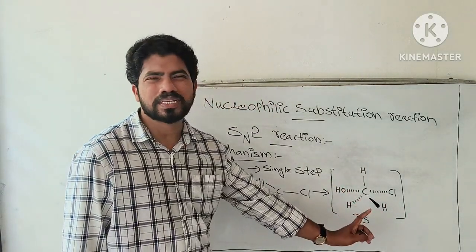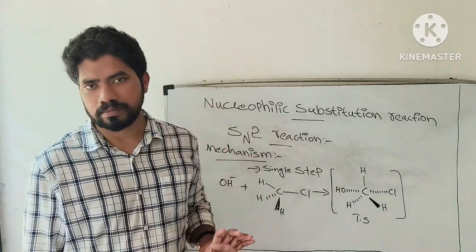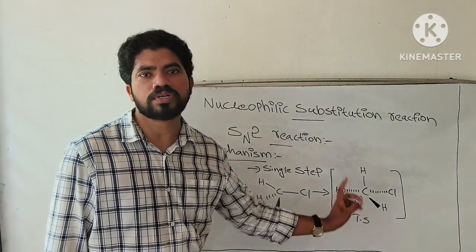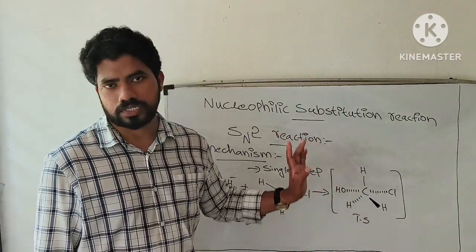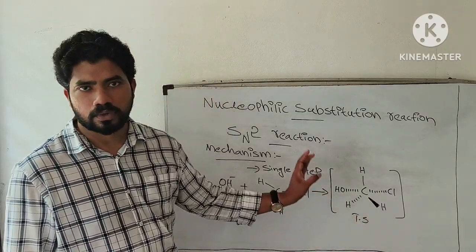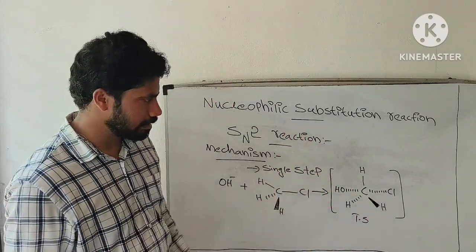So this penta-coordinated carbon is highly unstable and cannot exist for a long time. It is a very short-lived transition state. We cannot isolate or extract it.